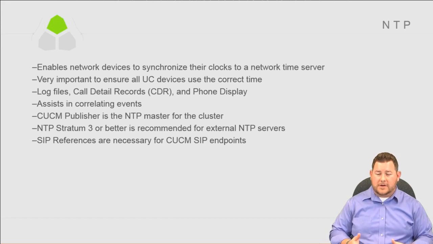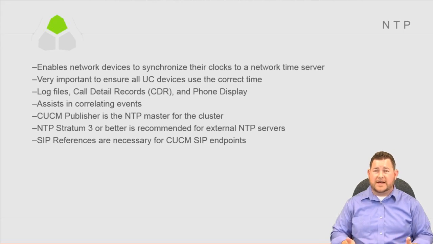If we want to use R1 to provide NTP services to other devices in the network, we have to set that as a master server, so that basically every device will synchronize off of that one time. So the time better be correct on R1, or else everybody's going to be off.